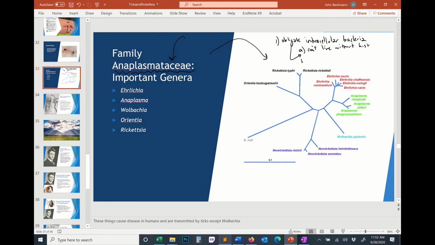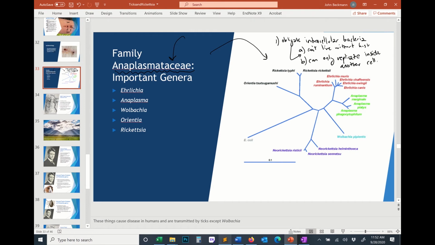So obligate means they can't live without host. Intracellular means that they can only replicate inside another cell. So they're kind of like a virus. Can only replicate inside a cell, host cell.